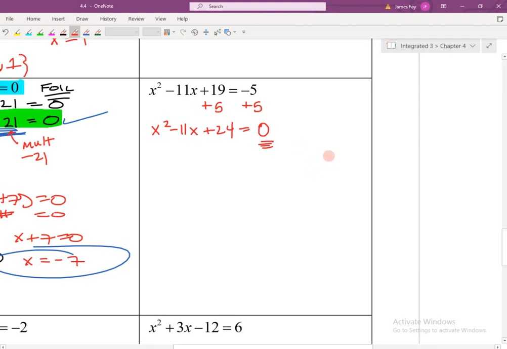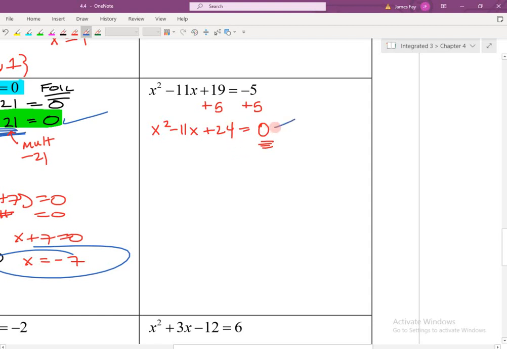Okay. So now we get to the point where we can factor this. And the reason we want to do this, and I'll explain this in a little bit more detail in the next step, is that there's only so many ways that we can multiply numbers together and get a product of 0.